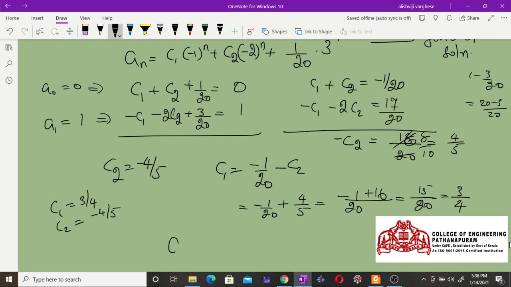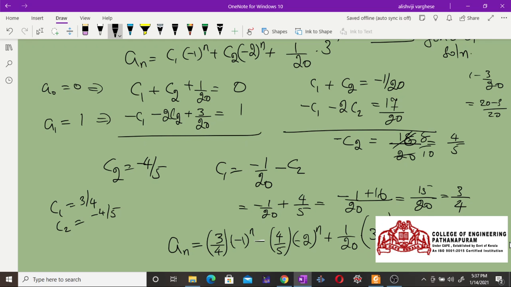Therefore, the solution of the recurrence relation a_n is equal to c1 times, that is 3 by 4 times minus 1 raised to n, plus c2, that is minus 4 by 5 times minus 2 raised to n, plus the particular part of the solution 1 by 20 into 3 to the power n.